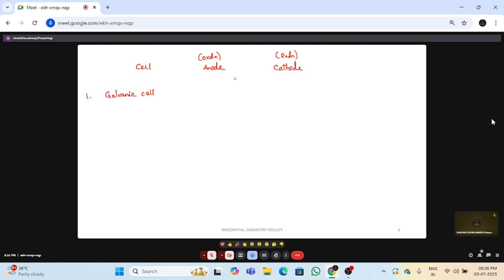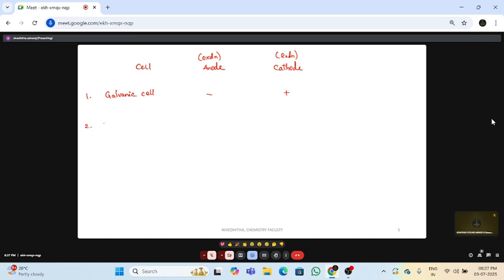So because of which anode got which charge? Negative charge, ma'am. So not only in the Daniel cell, but in all galvanic cells, anode will have a negative charge, because in anode oxidation was happening, because of which electrons were accumulated on the anode. Since electrons are negatively charged, anode will also be negative. And similarly, at the cathode reduction was happening, and the sign of cathode was positive. And we know why anode got negative charge and cathode got positive charge in a galvanic cell.